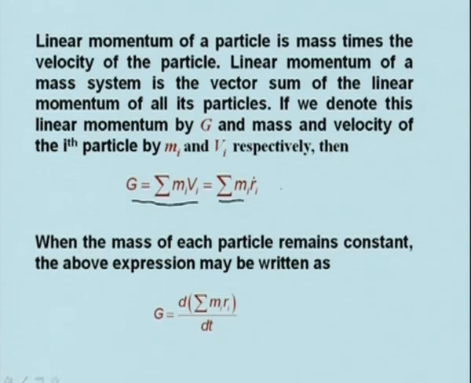Now when the mass of each particle remains constant, this expression may be written as g equals d by dt of sigma mi ri, so mi can come outside and it becomes the same previous expression.